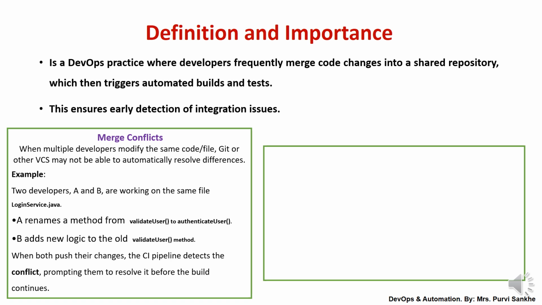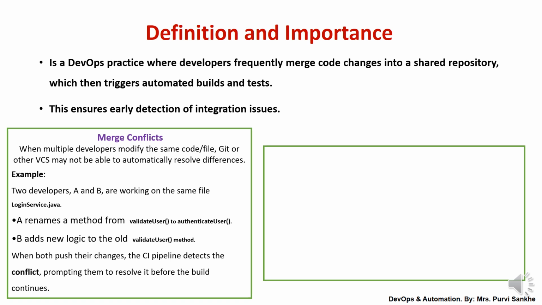When both push their changes, the CI pipeline detects the conflict in both methods of this file, LoginService.java, and immediately prompts to review those changes and resolve them before the build continues. So this is how CI helps with the integration issue of merge conflicts.